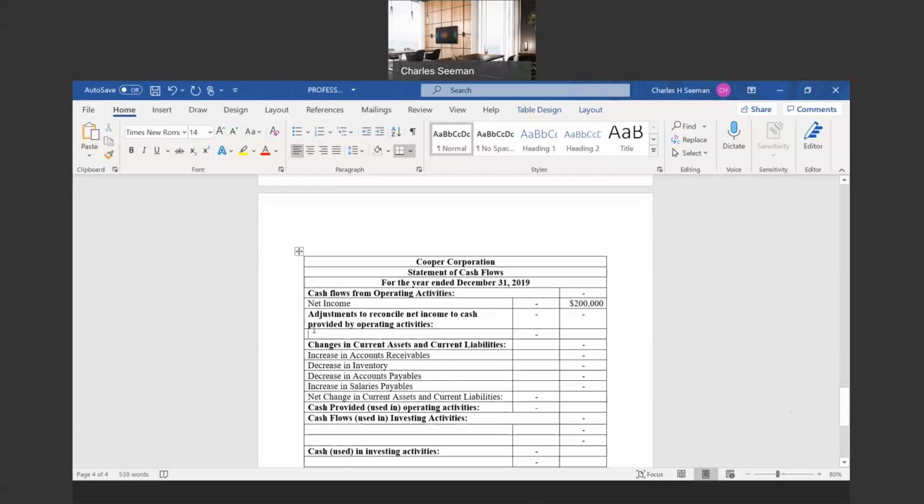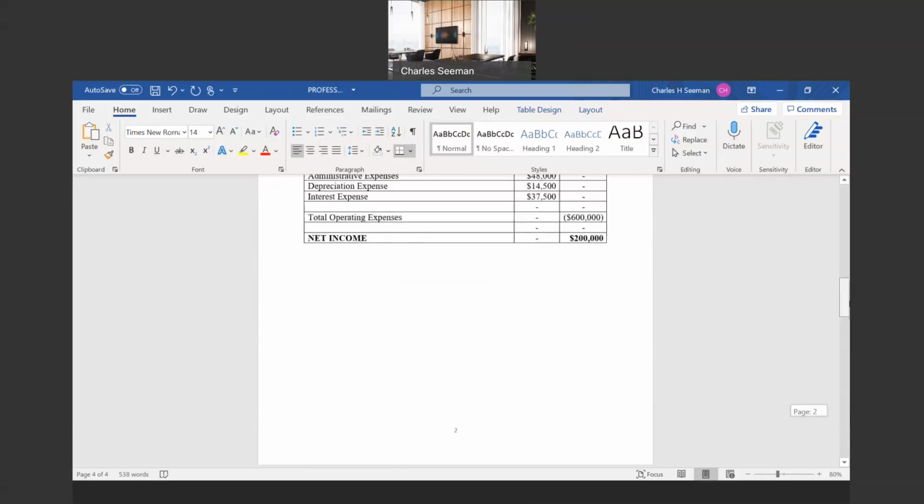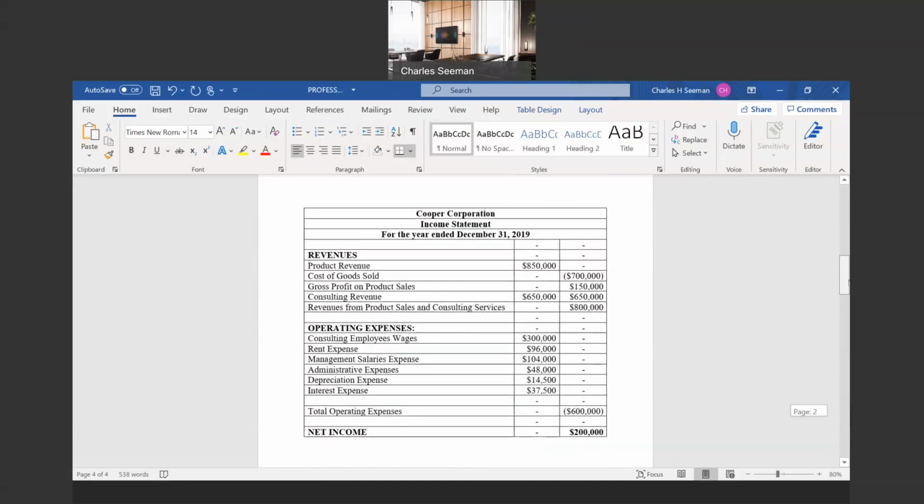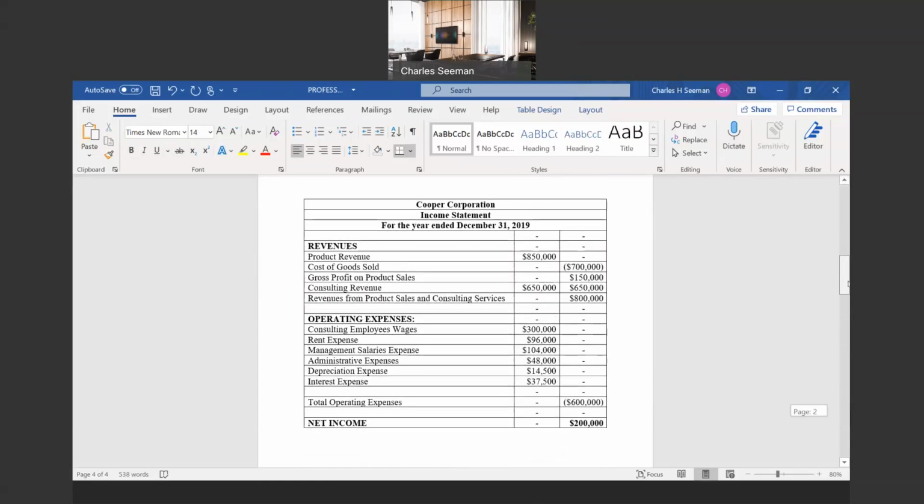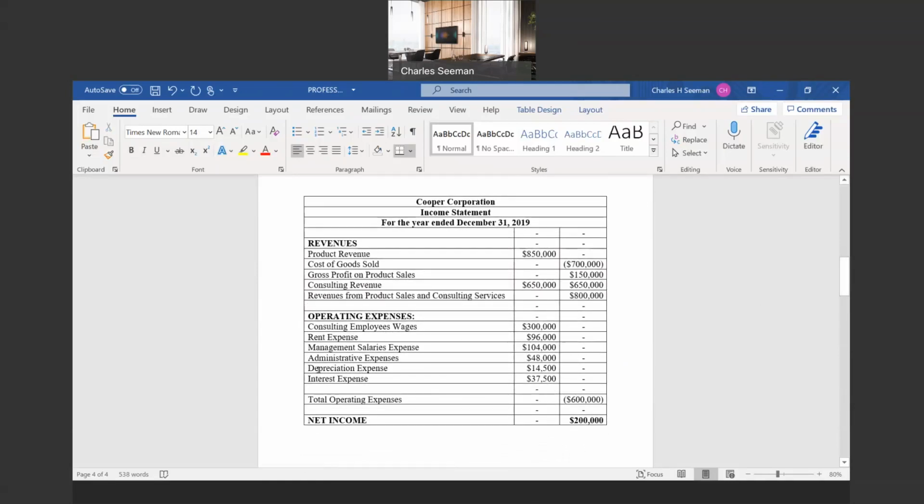What this is talking about is remember, the income statement is on the accrual basis. We're turning the accrual basis into cash. What happened to cash? Depreciation expense, as I said, is an amount of wear and tear on equipment, but I don't pay a check for that.